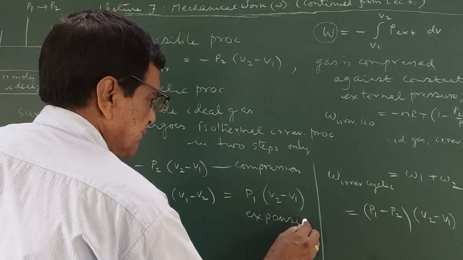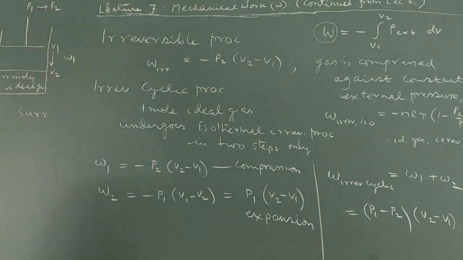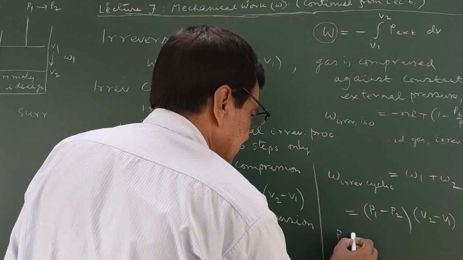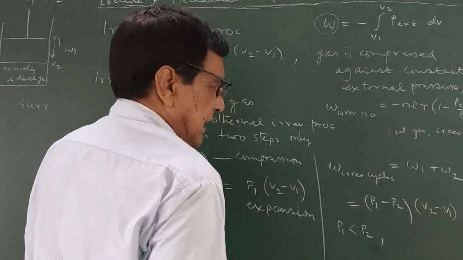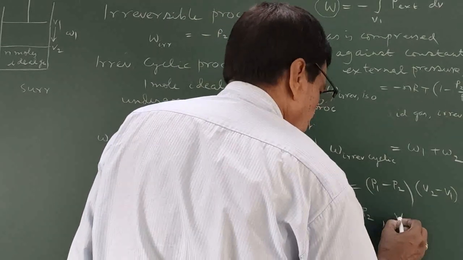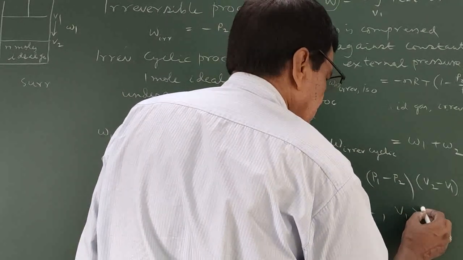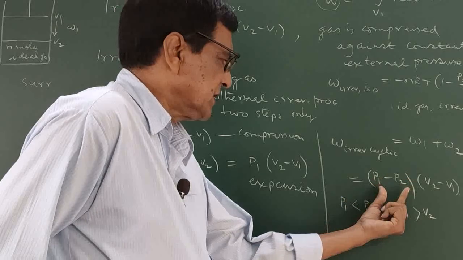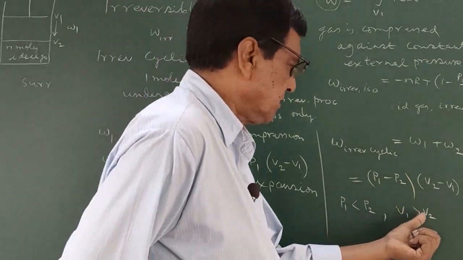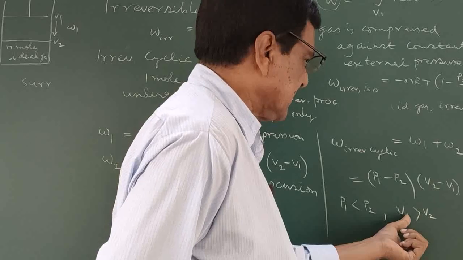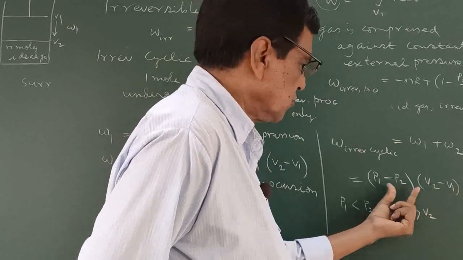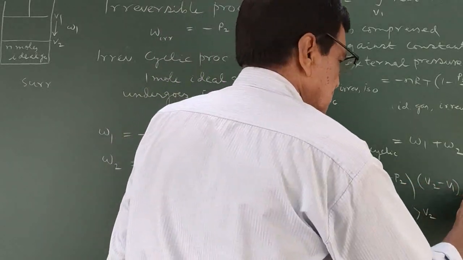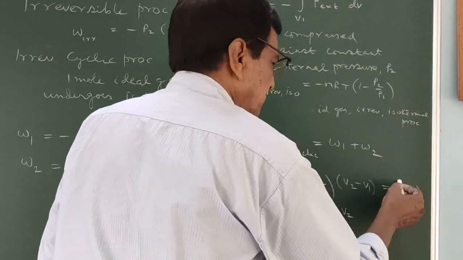By these 2 steps, the system comes back to its initial state. And here P1 is less than P2, and P1 is greater than P2. So P2 is greater, meaning this term is negative, and V1 is greater, so this term is also negative. So the product of these two terms, negative into negative, is positive. What does it mean?